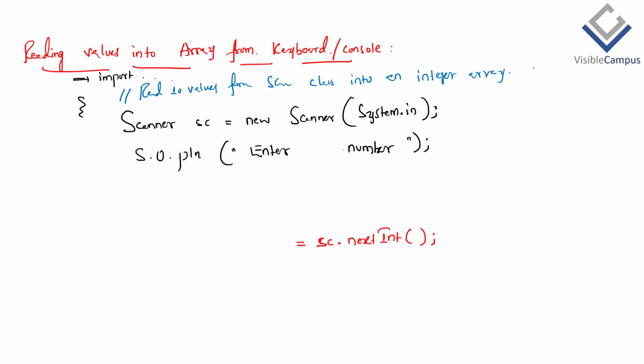To read the values into an integer array, can we directly take a normal array, like int[] arr equals open curly brace, close curly brace, then semicolon? If we take it like this, can we add 10 elements into this array called arr?